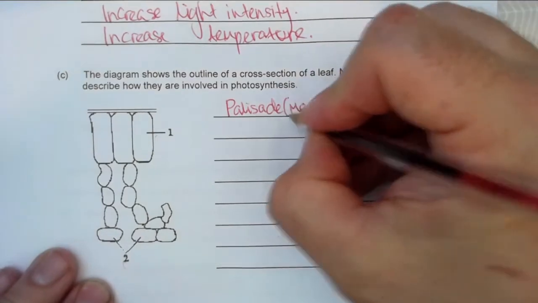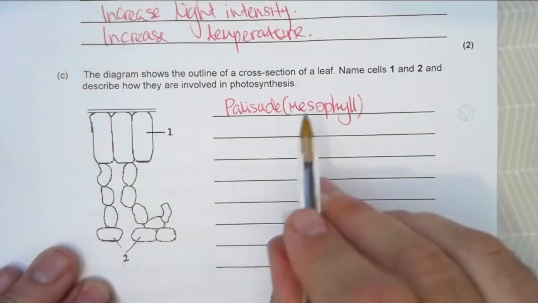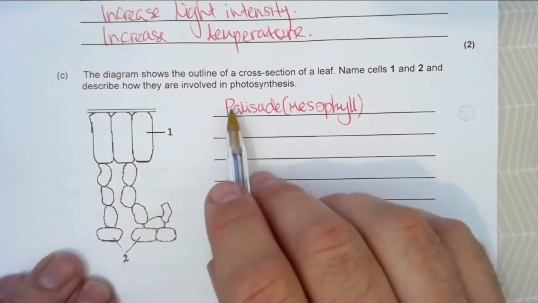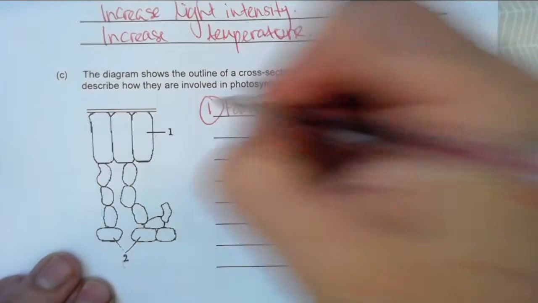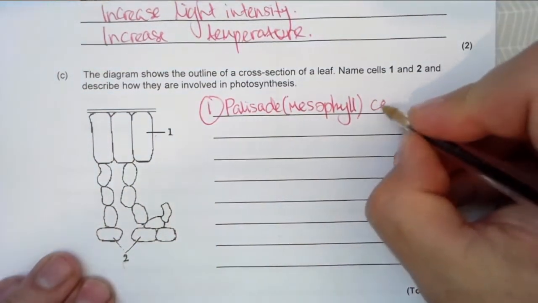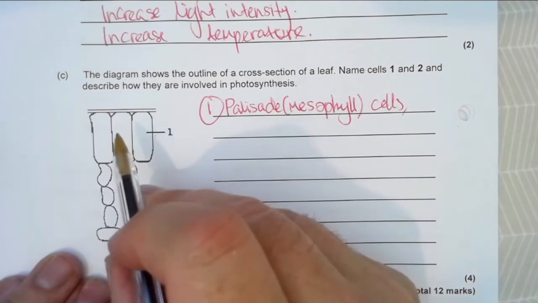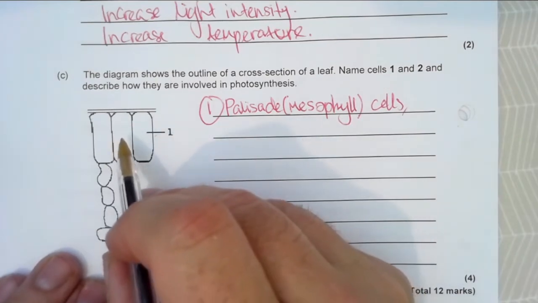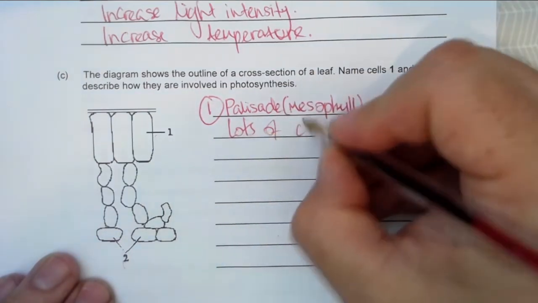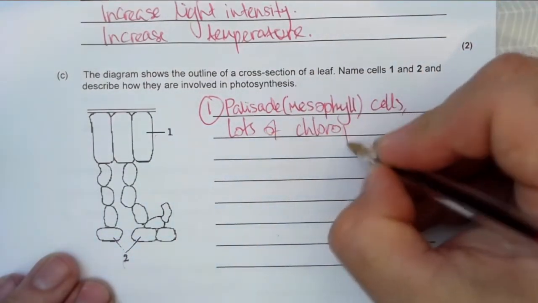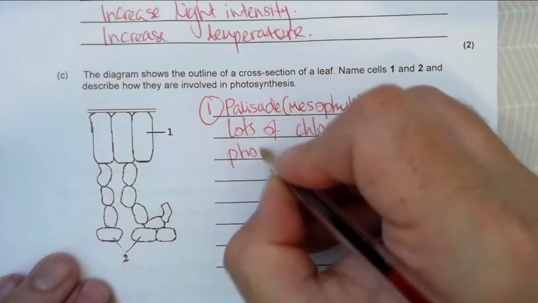I'm going to put the mesophyll in brackets because you don't necessarily need to say mesophyll to get the mark. As long as you identified that it's the palisade cells, you should be fine. So 1, those are our palisade cells. And because they're right by the surface of the leaf, they're going to have lots of chloroplasts for photosynthesis.